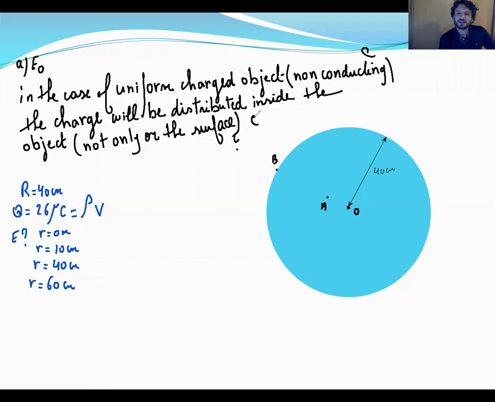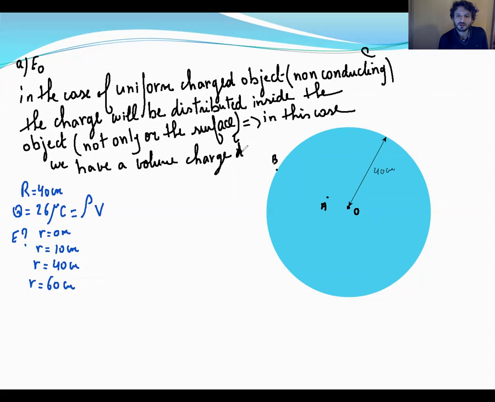So in this case, we have a volume charge density. We can say Q equals rho times V. Okay?